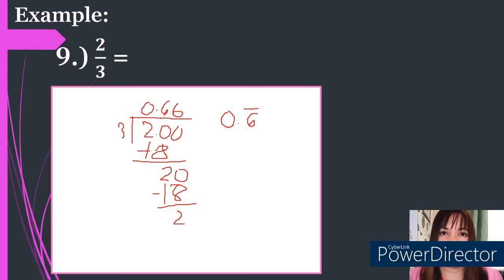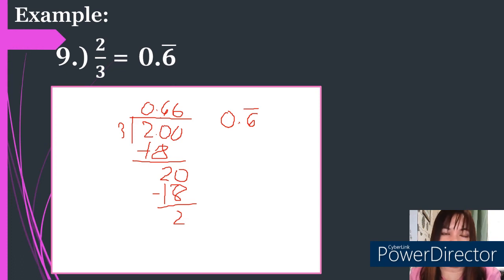So, hayaan nyo na lang siyang ganyan, kasi ulit na naman dahil repeating decimal ito. So, therefore, our answer from 2/3 changed to decimal, it will be 0.6 with a bar.